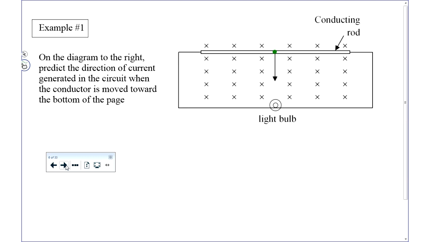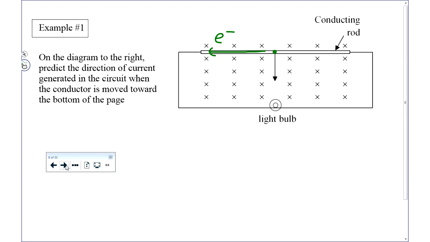I just have to work this out myself. You determine that the electrons in the rod will end up moving to the left. You point the fingers of your right hand in, which is the direction of the magnetic field. X means in. You have to then turn your thumb so that your thumb is pointing to the bottom of the page. And if you have your fingers in and your thumb to the bottom of the page, the back of your hand is to the left.